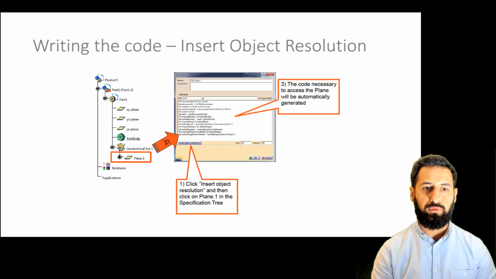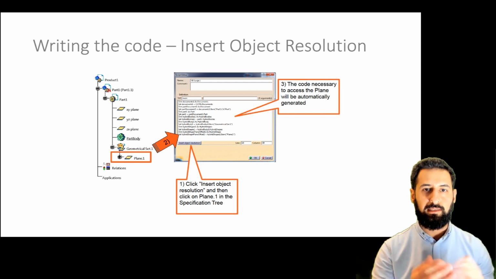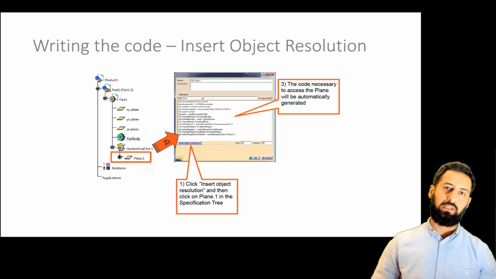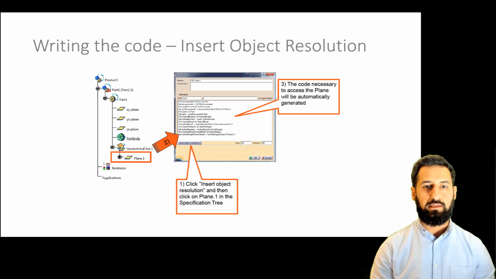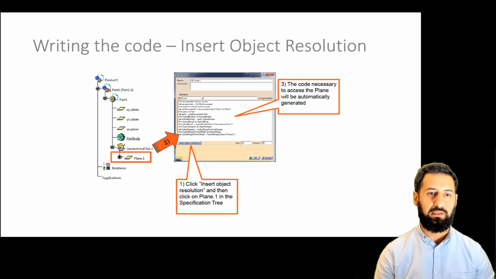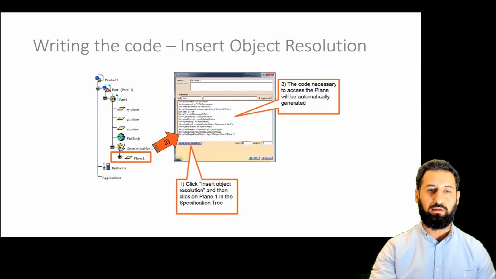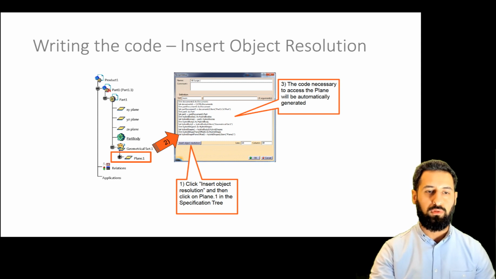So the VB code is a class-based code, meaning that everything is structured in specific layers of classes and functions, and in order to find a specific plane, in this case, you need to go through this hierarchy of code in order to locate it. And it's not so easy if you're not well versed in how everything is structured. So this is a good way of finding, for example, how to locate a plane in this hierarchy of code.